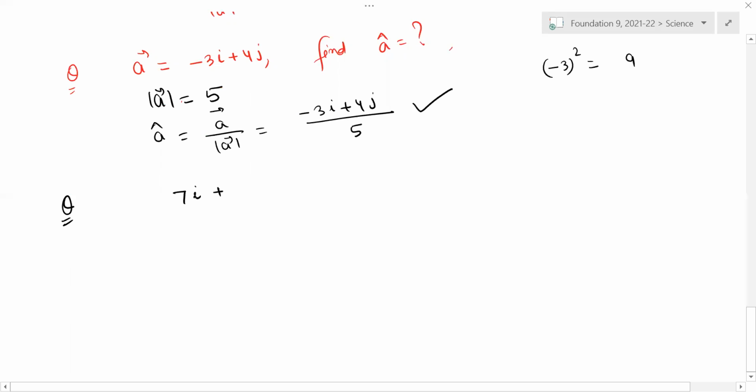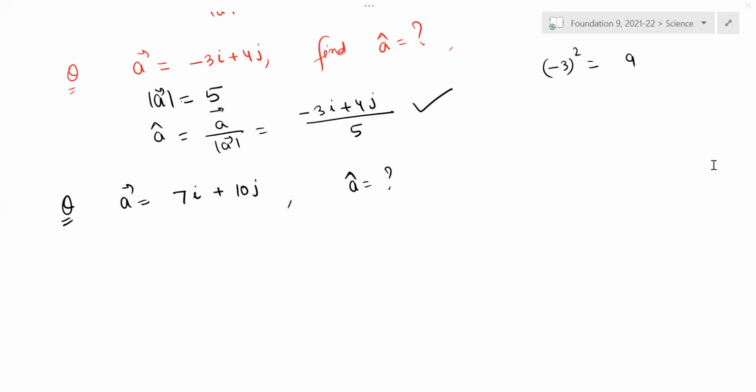Okay, sir. 7i plus 10j. If this is a vector, find a cap. Fastest answer by Mohit, and he is right.